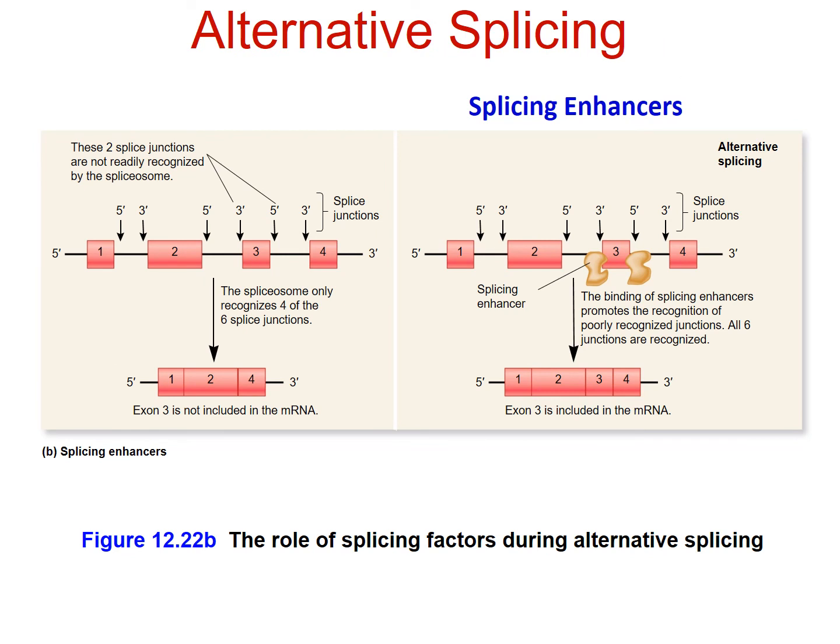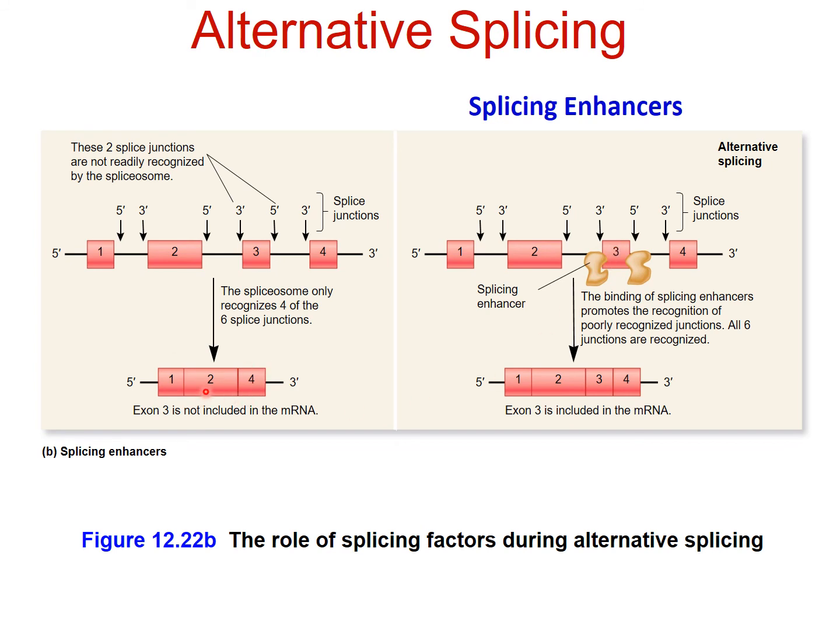Now, if there are splicing repressors, there are also things called splicing enhancers. These can make sure that a certain exon actually gets included, and help improve the recognition of the splice sites, the splice junctions. So here are enhancers that bind around exon 3.